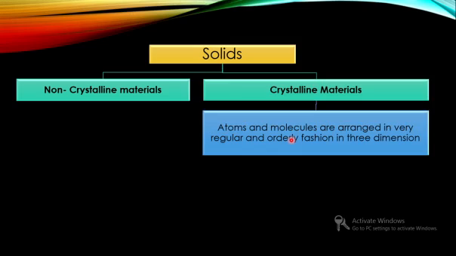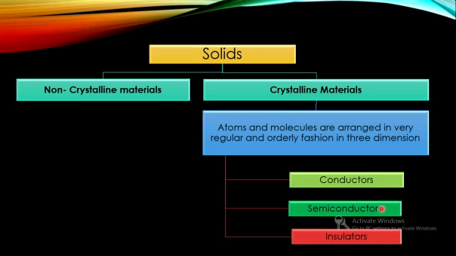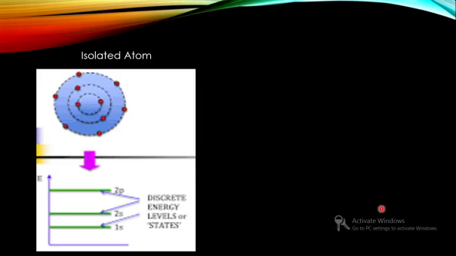The crystalline materials are those in which the atoms are arranged in a regular or orderly fashion in all the dimensions. It is again divided into conductors, semiconductors and insulators based on their conductivity, or based on their energy band. So we must know what is special about the energy band in those three types of crystalline material.